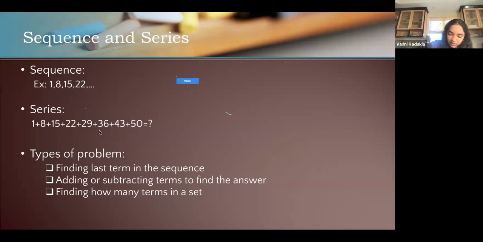We have an arithmetic series. For those that understand, why don't you explain what it is? Just type a definition in the chat.